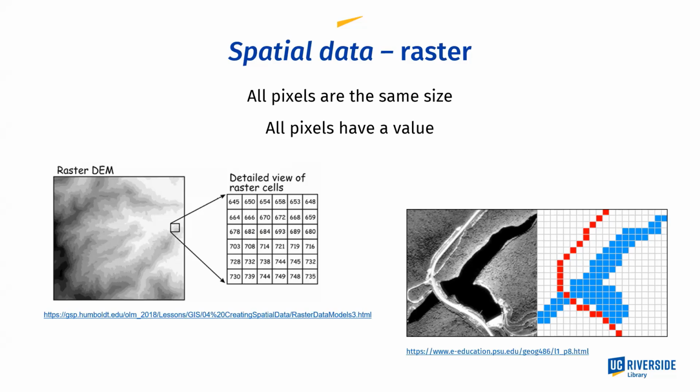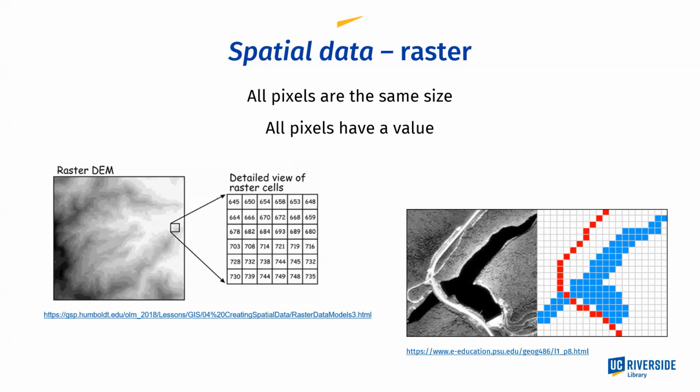So a couple of examples here on this slide. On the left, we're looking at what's called a digital elevation model, where it's a raster representation of height of the surface above sea level, say. And as you can see, each little pixel has a value assigned to it.